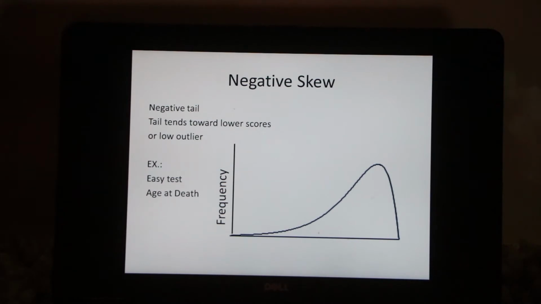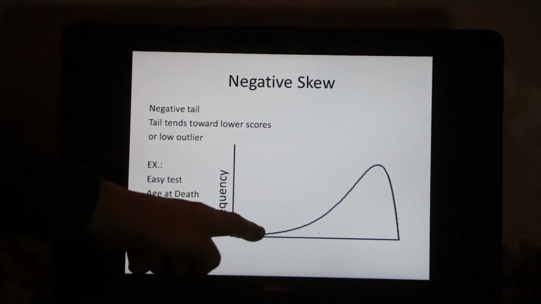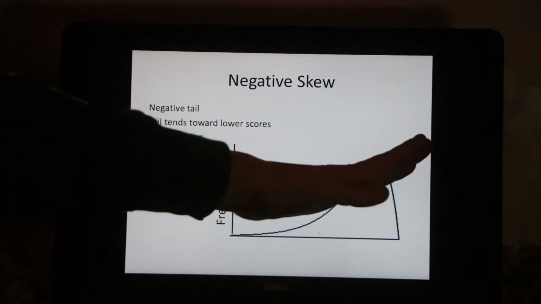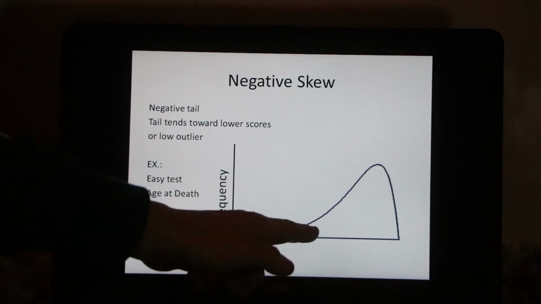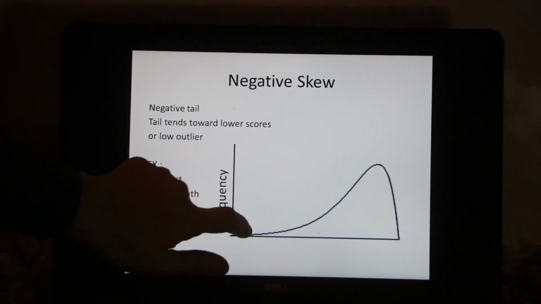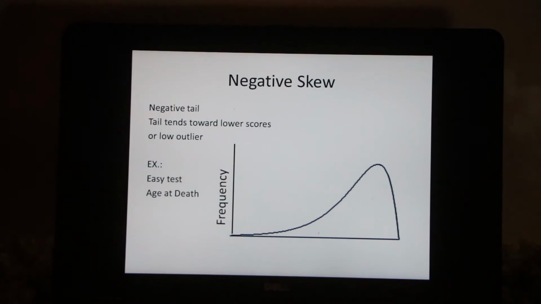But there were a few people who didn't have a good night's sleep, weren't feeling well, or were completely lost in the class, and they got some Fs. They skewed that distribution, and as a result your mean is going to be probably around here because of those few people. So it's not going to be a great reflection of the true distribution of data.